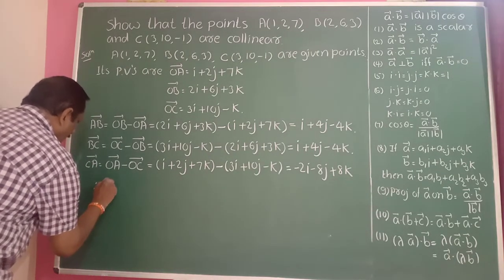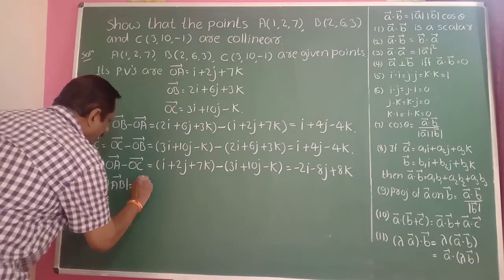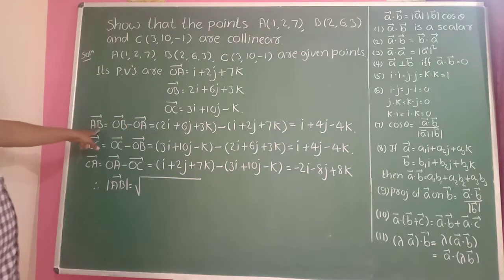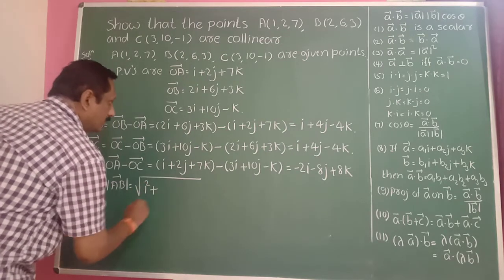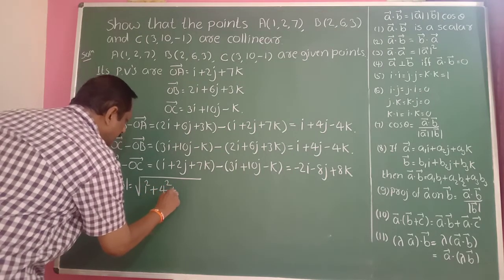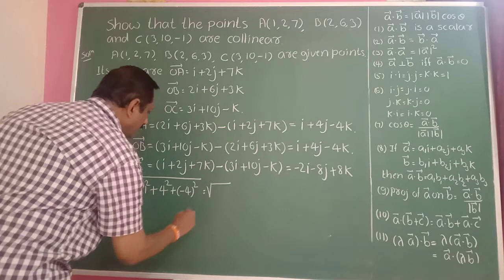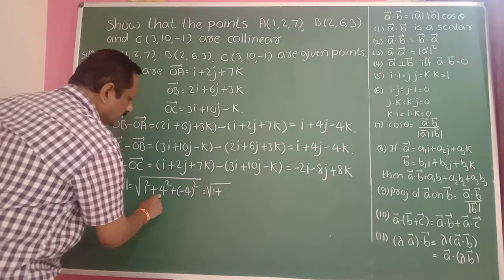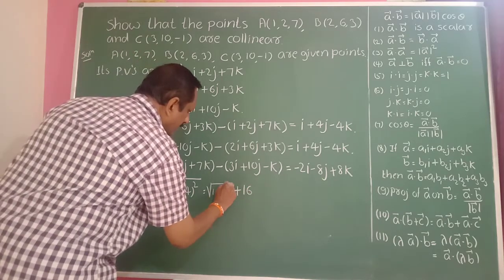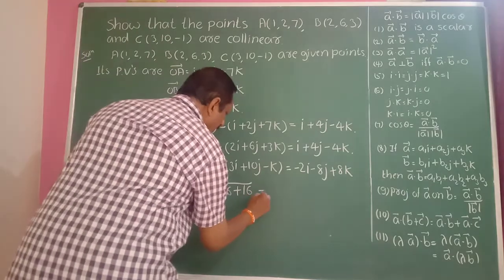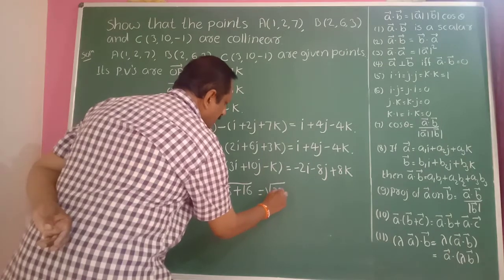Then we find the modulus of AB. Therefore, the modulus of AB is equal to the root of, AB is this vector, its modulus is 1 squared plus 4 squared plus minus 4 squared. Therefore, root of 1 plus 16 plus 16, 32 plus 1 becomes 33.